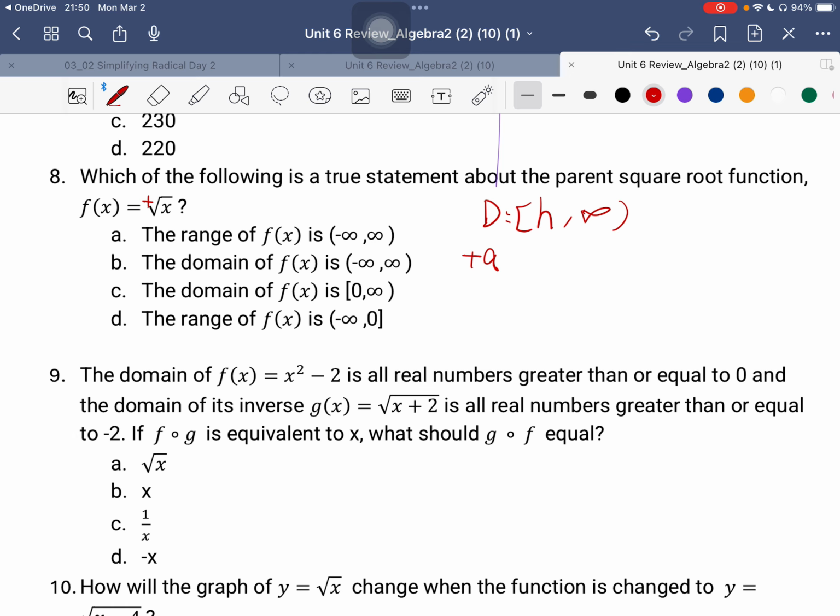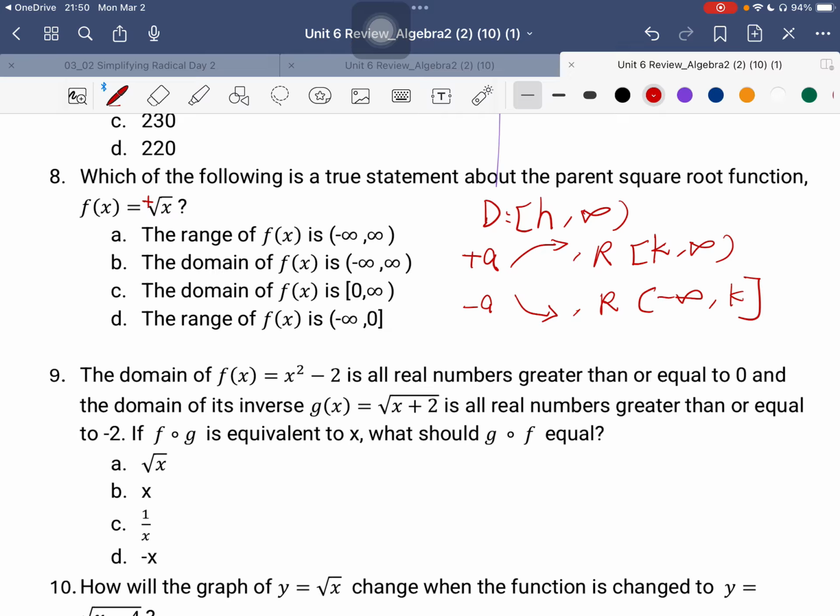Positive a, the graph is going up like this, and then the range will be from k to infinity. For negative a, the graph is going down like this. The range is from negative infinity to k.